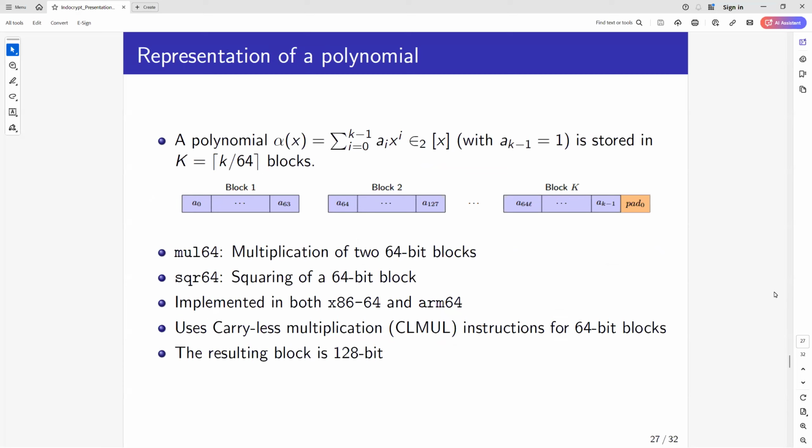The polynomial alpha x is stored divided into 64-bit blocks, and we defined mul64 for multiplication of 64-bit blocks and square64 for squaring of 64-bit blocks, implemented in both x86-64 and ARM64, using the carryless multiplication instructions for 64 bits. So the resulting block is 128 bits when they are multiplied or squared.